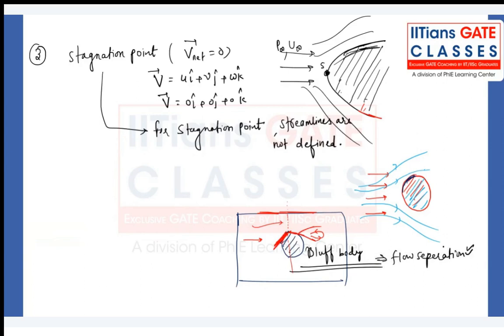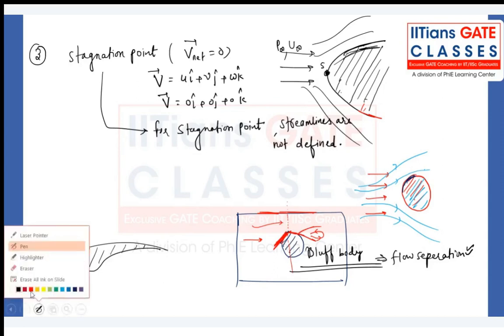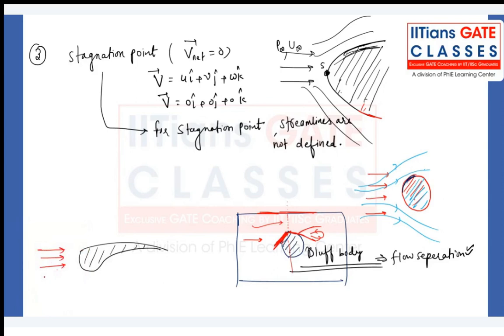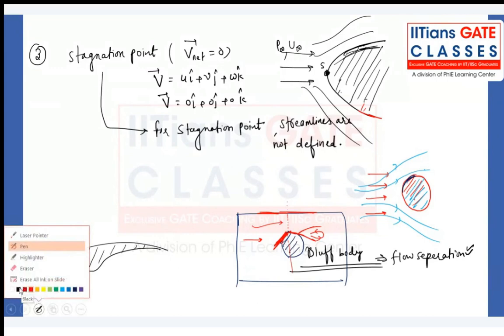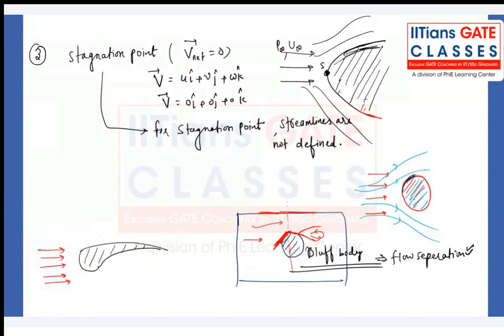But when I take the same aerofoil shape, a complete streamlined body, and the flow is happening like this, like the wings of the aircraft, and how the lift has been generated, when you see the profile of that blade, what is actually happening there? Whether flow separation will be there, might be there, but a very small region of flow separation. So in a streamlined body, the flow separation will get delayed, will not be that much.